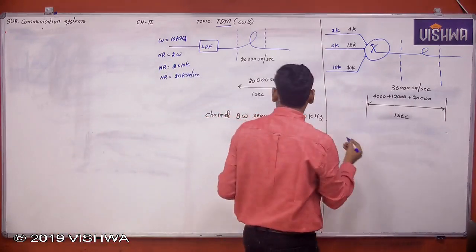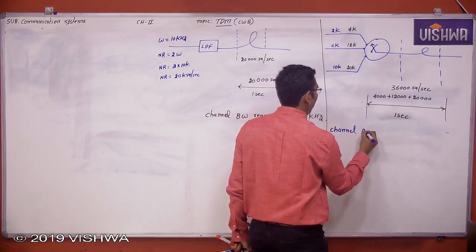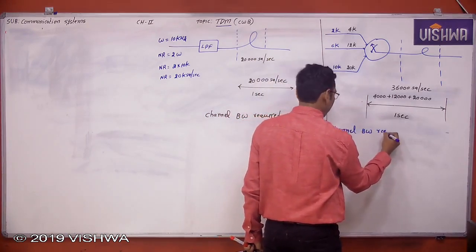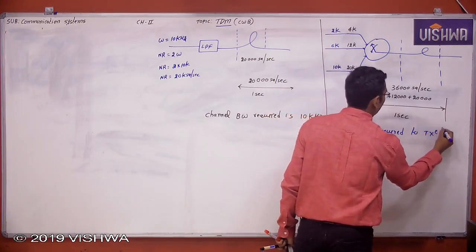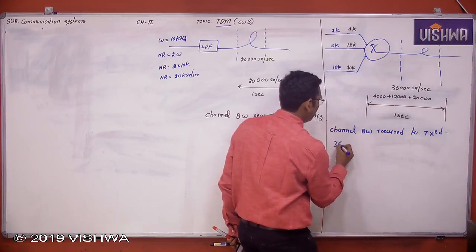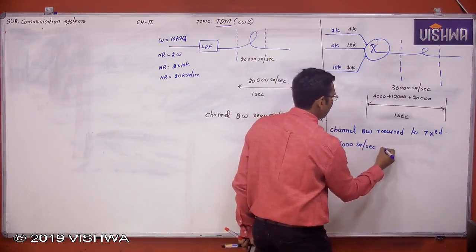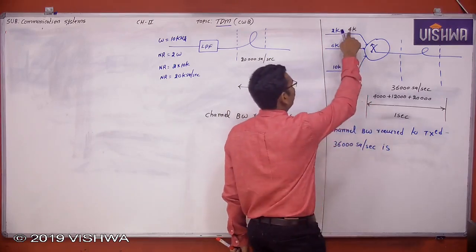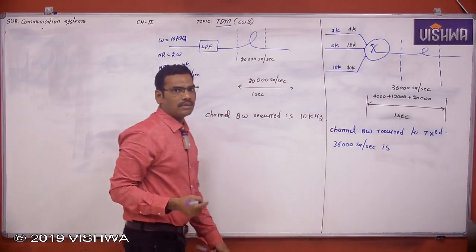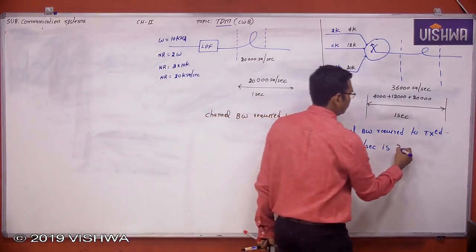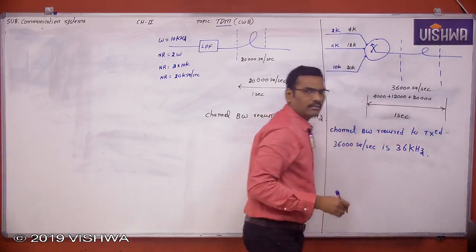Now how much channel bandwidth is required to transmit 36,000 samples per second? 2 plus 6 plus 10 is 18, so the bandwidth is 18 kHz. Clear or not?